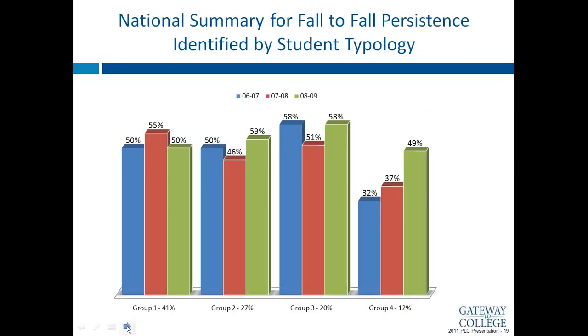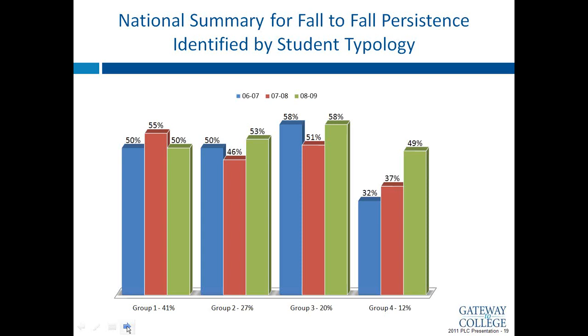So this was the one outcome, going back to Herman's question, where we saw a little bit of difference across our groups. So this is looking at trends in fall-to-fall persistence. And you can see for groups 1, 2, and 3, it stayed relatively flat. We've got a few peaks and valleys, but it's roughly the same.